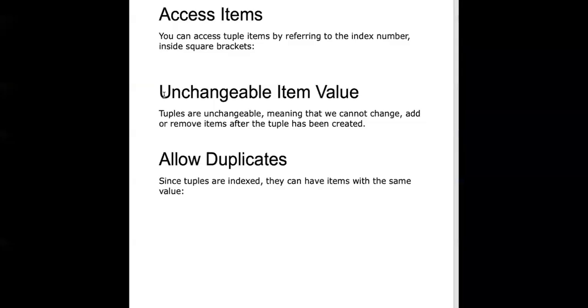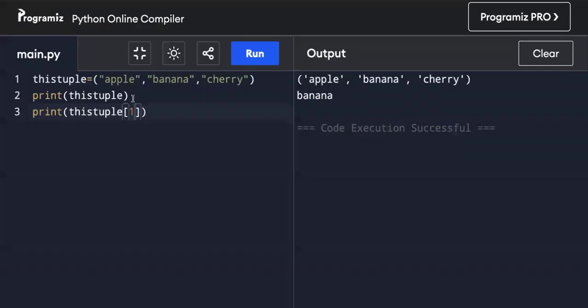Next we have to see that it is unchangeable, that you cannot change the value of any item of a tuple. For example, if I want to change this banana, I cannot change it. It will start giving me an error. We can see it also. For example, if I take this tuple and I want to change the value at index 1, which is banana, into, suppose, mango, and now I want to print this tuple, it will start giving me an error because it's unchangeable.